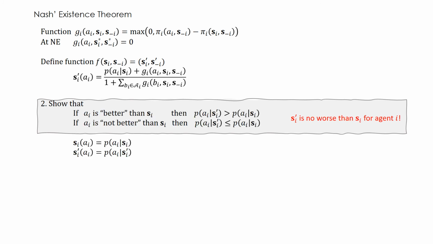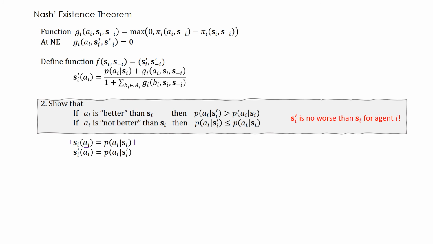Step 2 of our proof, we have to show that S prime I is no worse than Si for each agent I. First, note the notation. S prime is a vector, and its element corresponding to any action AI is the probability of that action.